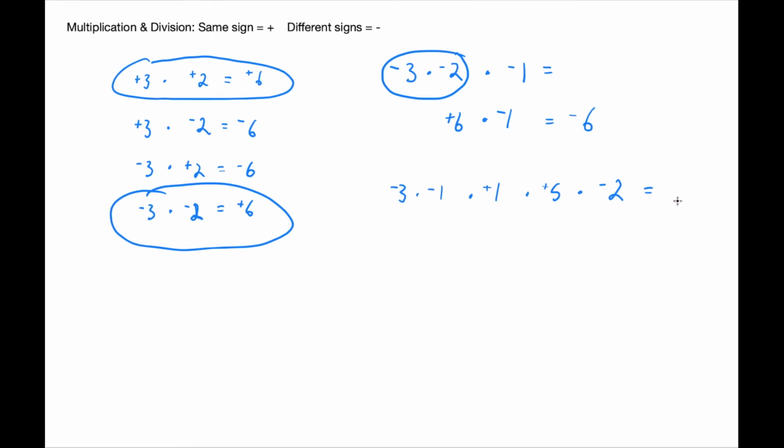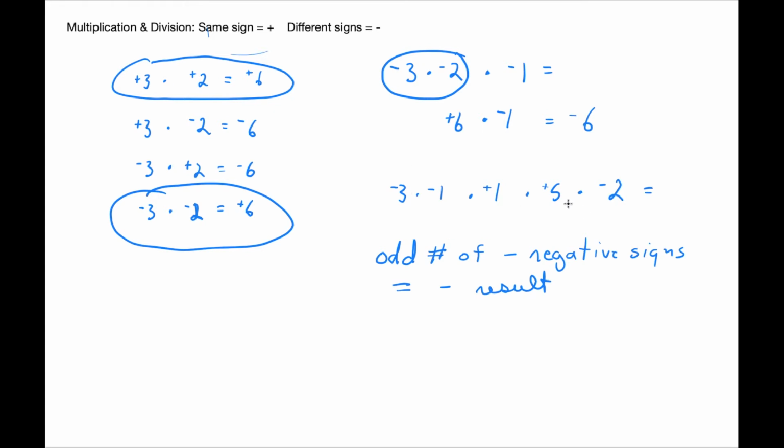So the other thing that you can say with this is if you have an odd number of negative signs, it's going to equal a negative result. Always, always, always.